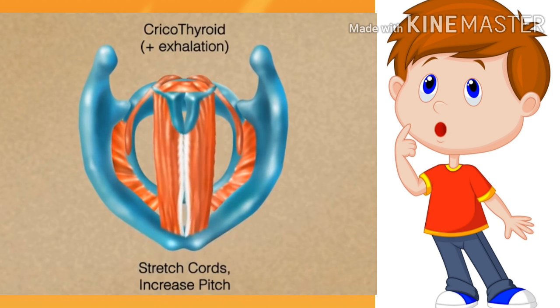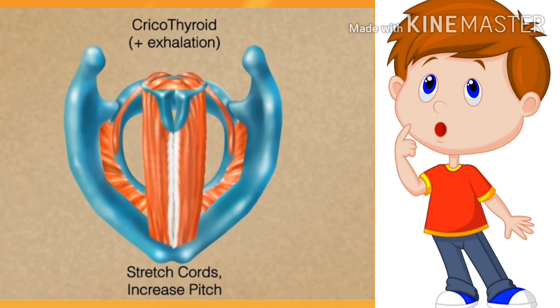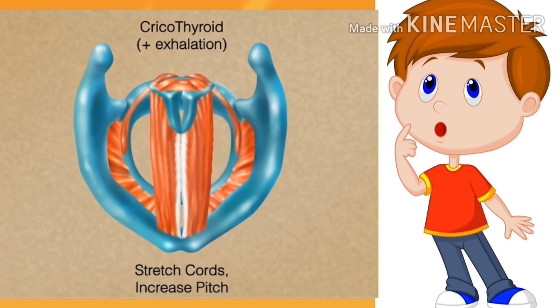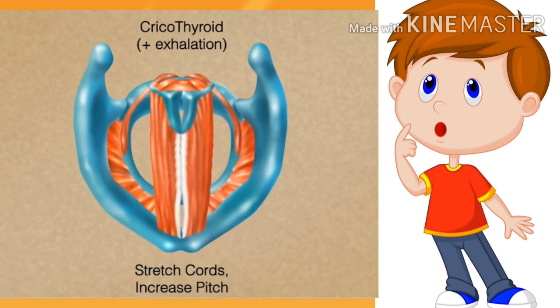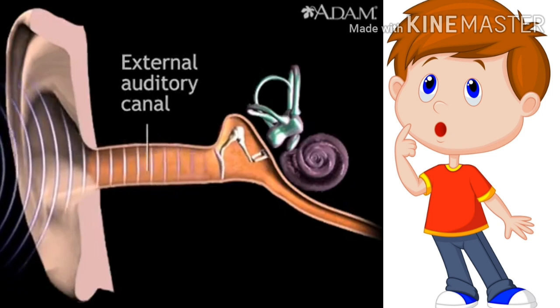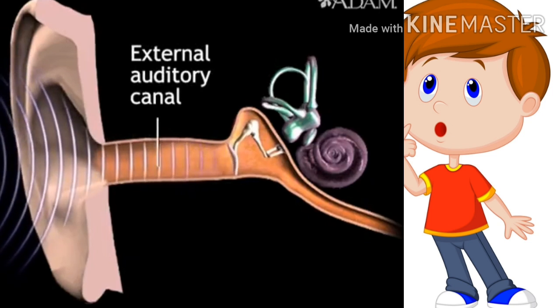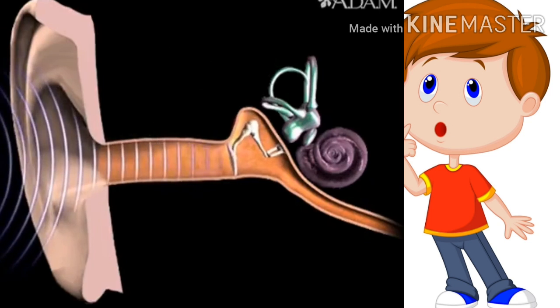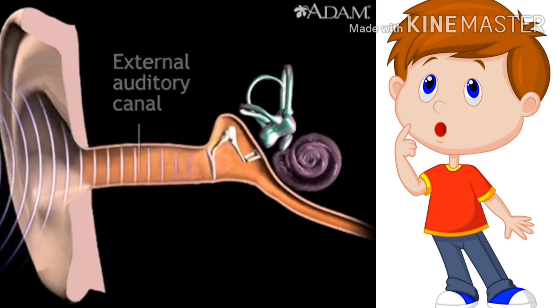Sound vibrations make the eardrum vibrate. Okay, the vibrations of the sound will make the eardrum vibrate, and these vibrations of the eardrum are sent to the inner ear. Okay, these vibrations will be sent through the eardrum to the inner ear, and from there the signal goes to the brain.